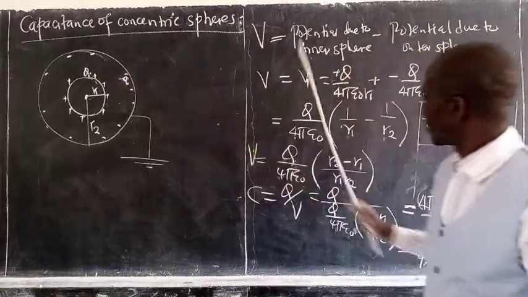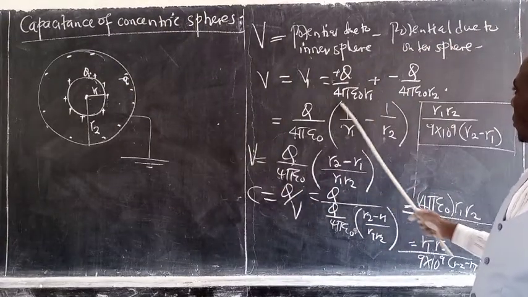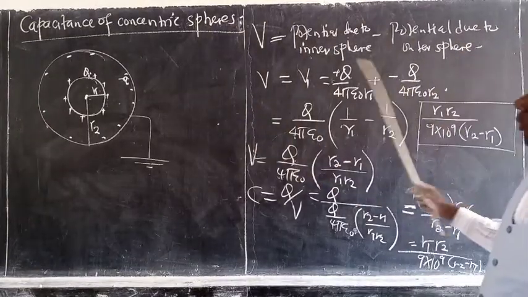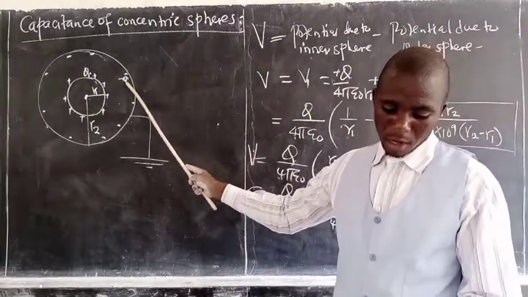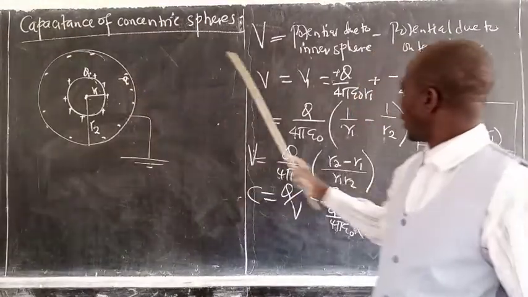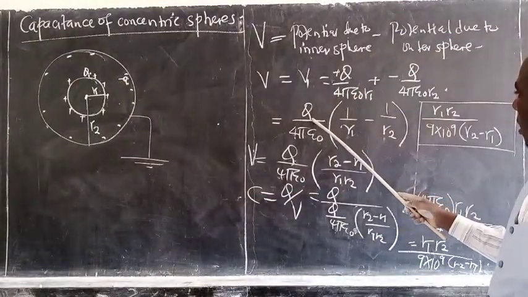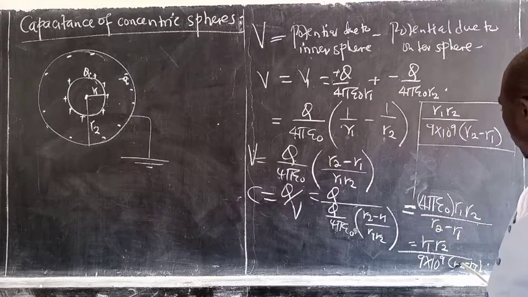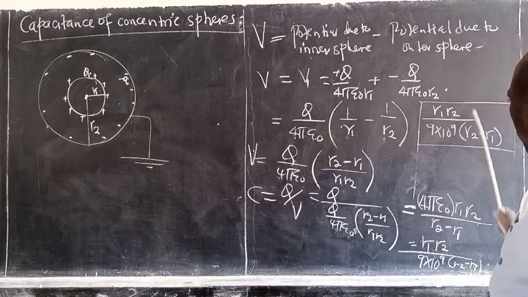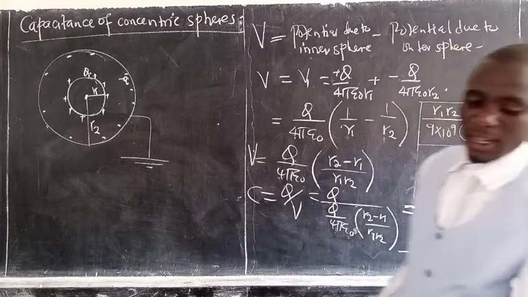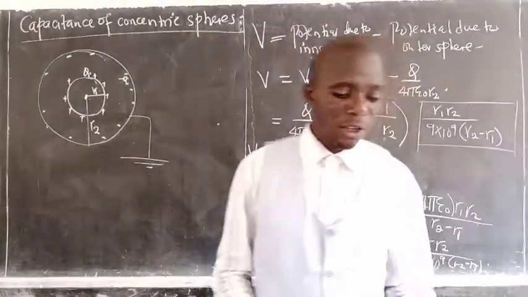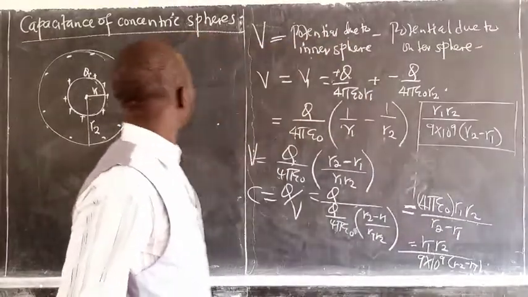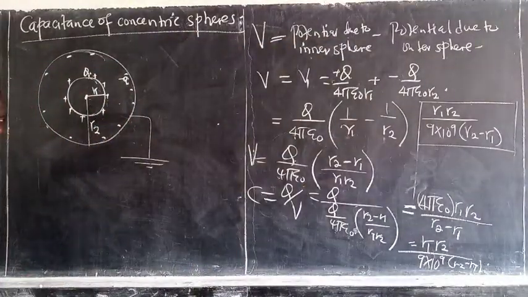We give it a negative because we are having negative charges there. And then you proceed and do the calculation and reach here. By doing so, you get the capacitance of two concentric spheres.